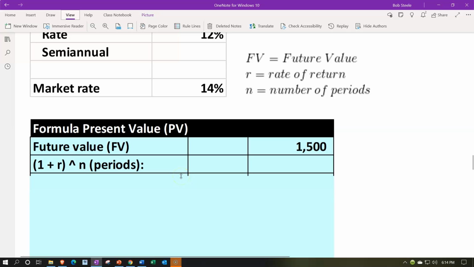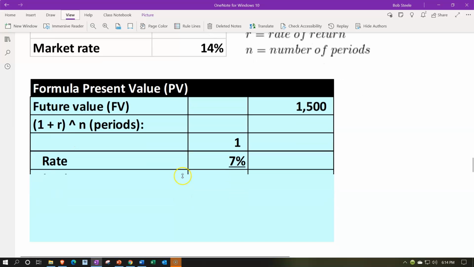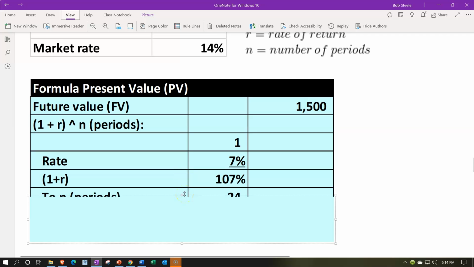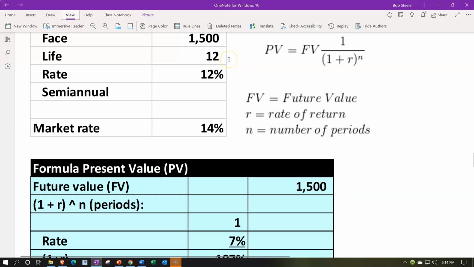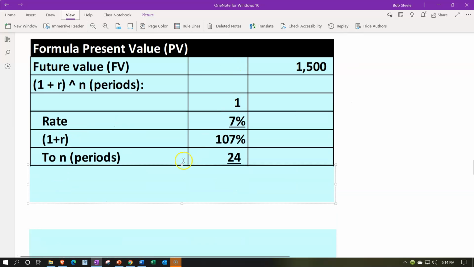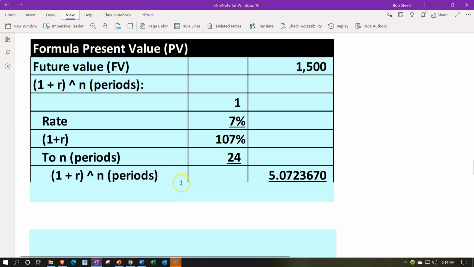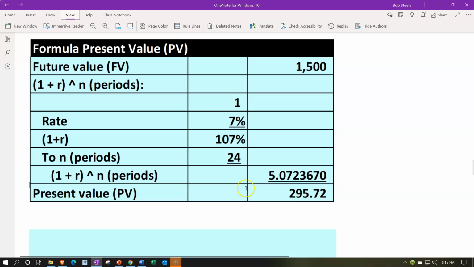We have the 1 plus r to the n, not negative n, as the denominator. R is 7%, that 14% divided by 2, so 100% plus 7%, or 1 plus 0.07, gives us 1.07, or 107%, taking that to the number of periods, n, which would be 12 if annual, but now 24 because semi-annual. 107% to the power of 24 gives us 5.072367, taking the numerator, the 1,500, divided by the denominator, the 5.072367. I think I missed a 3, but you see the number right there. It's right there.